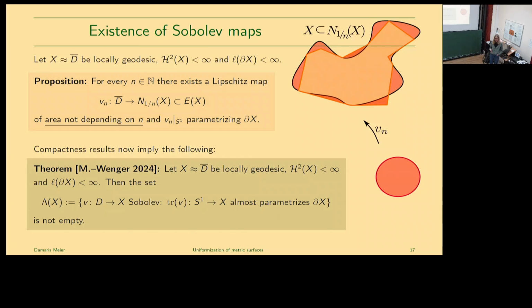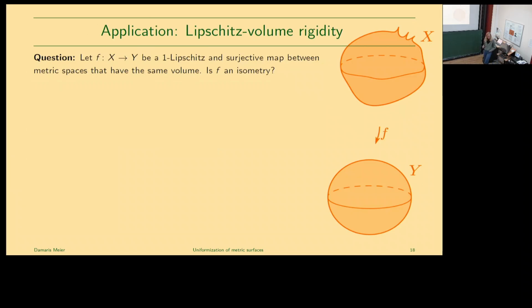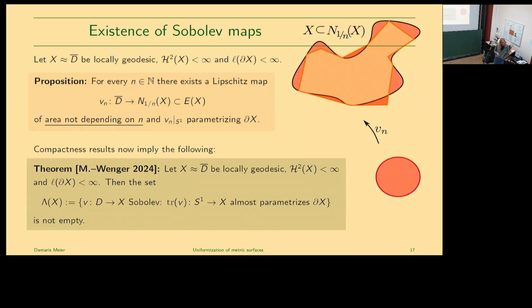Now I want to talk a little bit about one application of this theorem. Before you go on, doesn't this imply that the boundary of X must be locally bi-Lipschitz to the boundary? Because if Vn restricted to S1 parametrizes del X and Vn is Lipschitz.